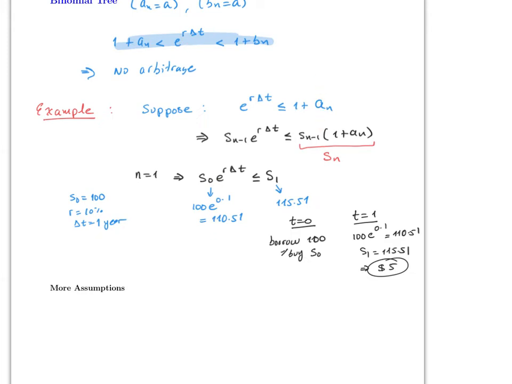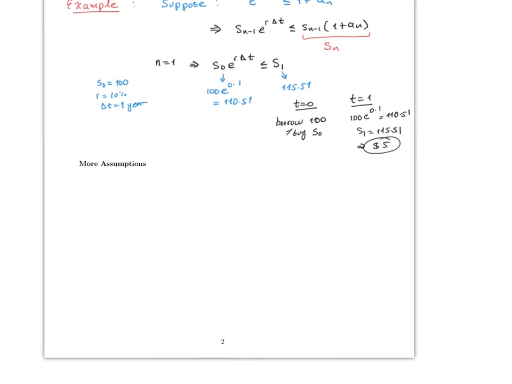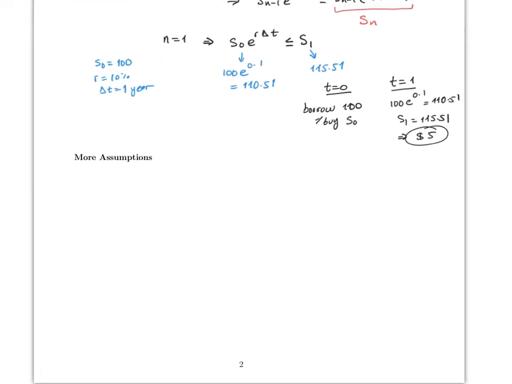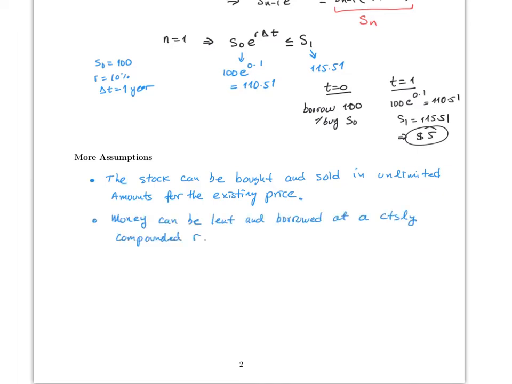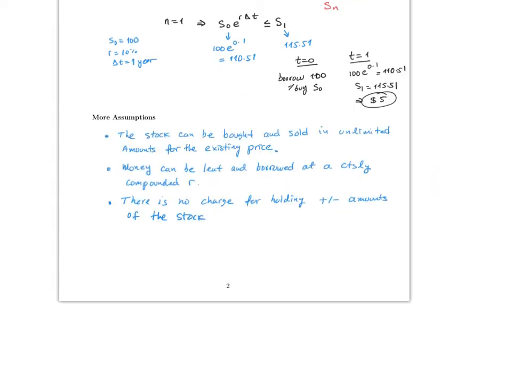Before we continue, we need to make a few more assumptions. The first one is this: the stock can be bought and sold in unlimited amounts for the existing price, which may not be realistic, but that's the assumption. The second one is the money can be lent and borrowed at a continuously compounded interest rate r.